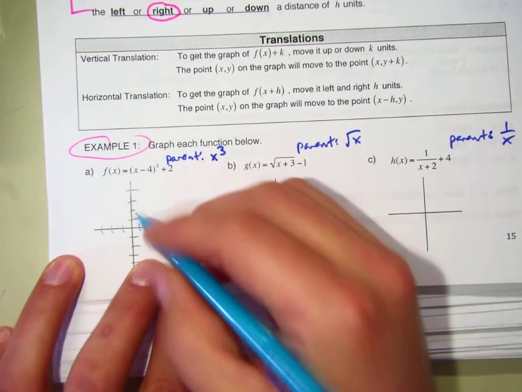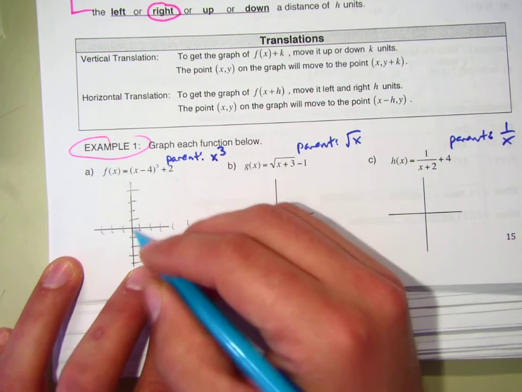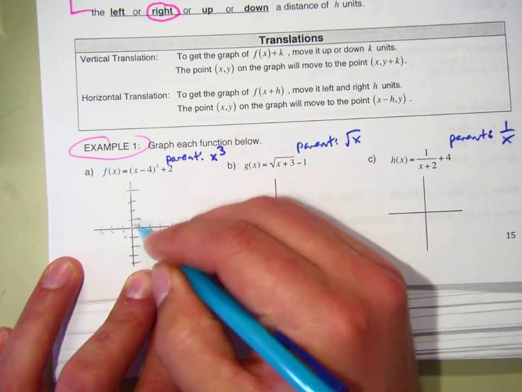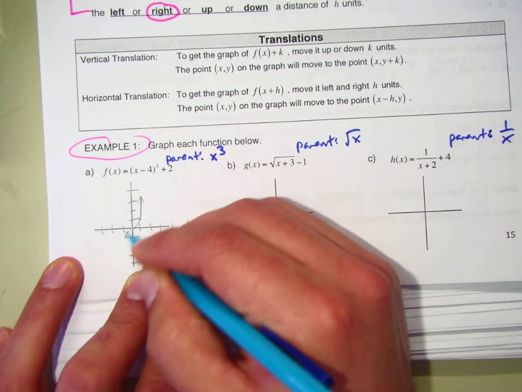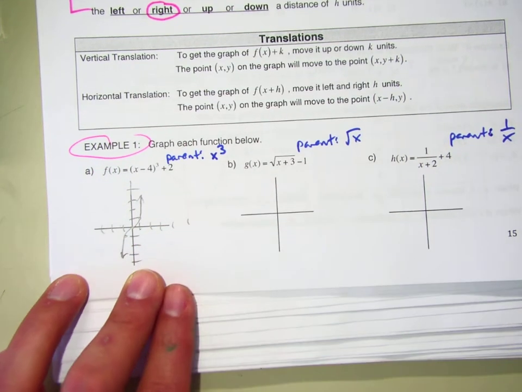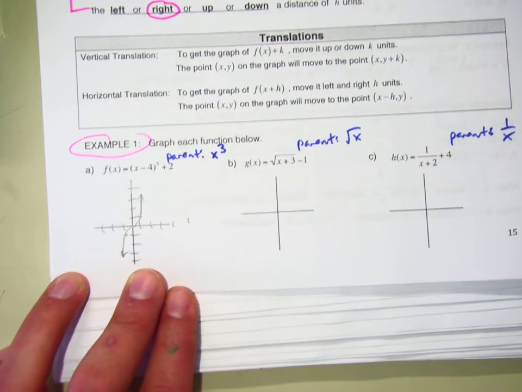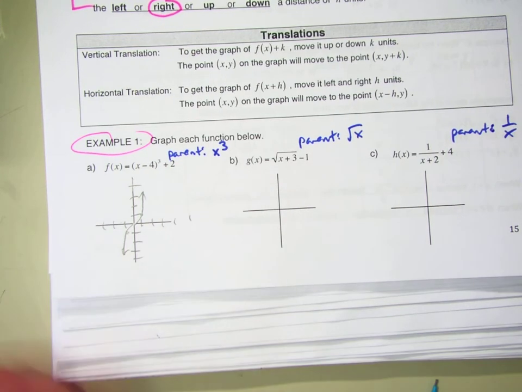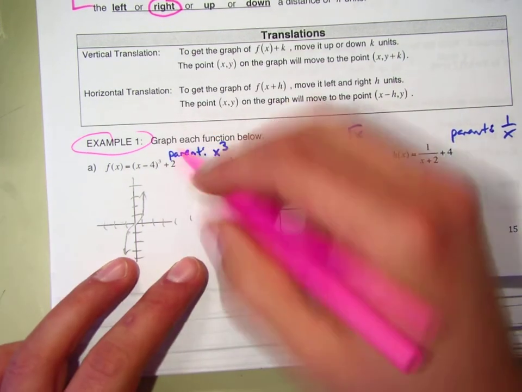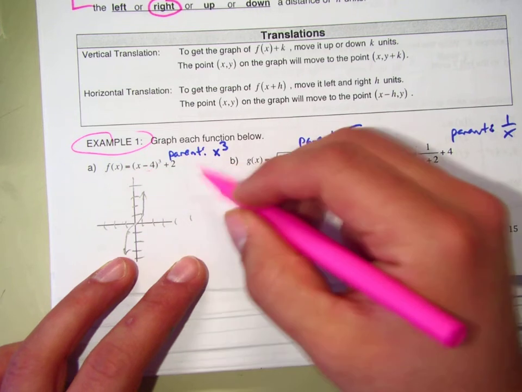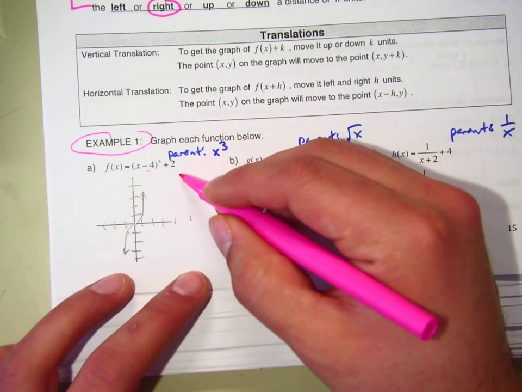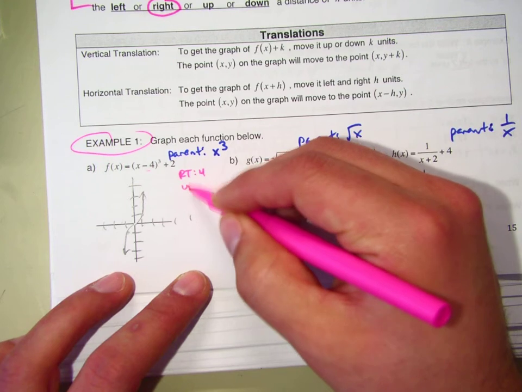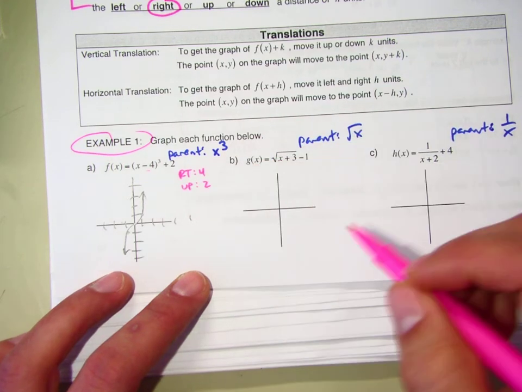So I'm going to start by graphing just the regular x cubed graph. 0 cubed is 0, 1 cubed is 1, -1 cubed is -1, and I know it looks roughly something like that. Now, let's write down what kind of shifts there are. So this -4 means I'm going to move which way? Right 4, and this +2 means we're going to go up 2.